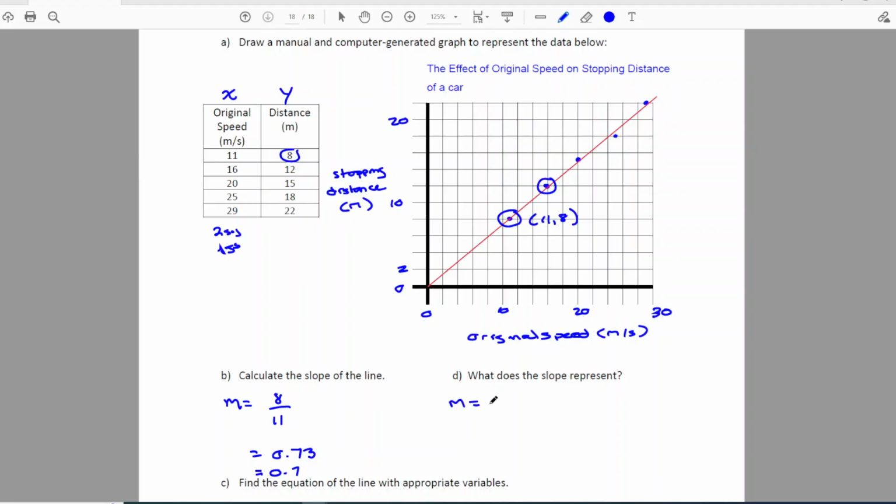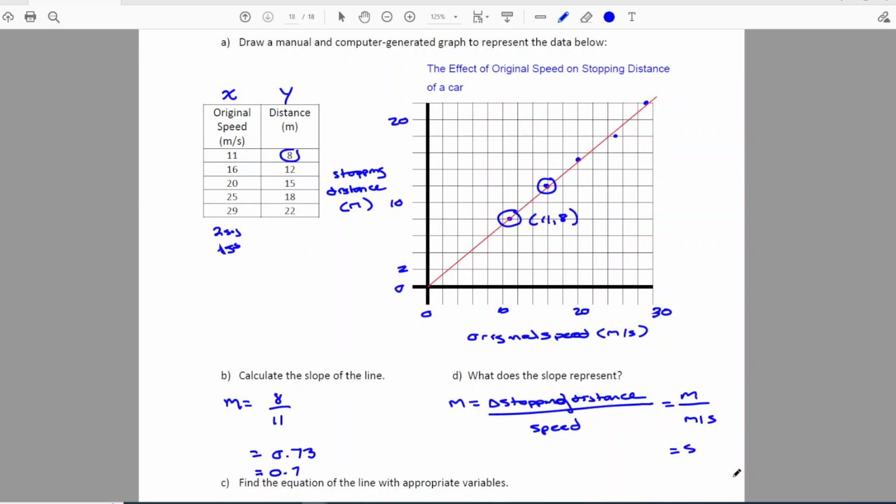Well, the slope represents the change in stopping distance over speed. Now, that one, when you go to units, is a bit trickier. So it's stopping distance over speed, which if anybody's super mathy, you might know that it's actually time.